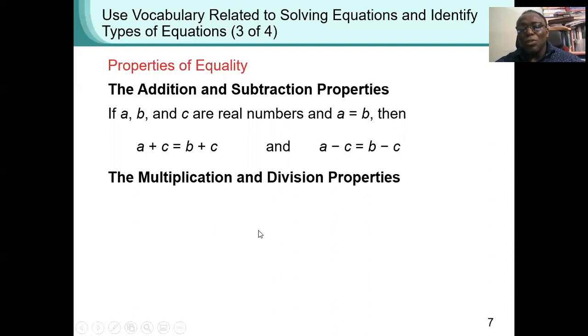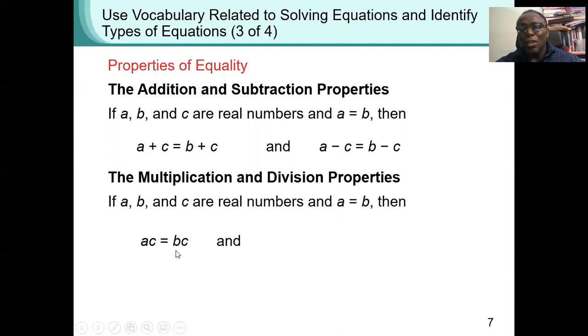Then we also have the multiplication and division properties. Now the same thing, we have a, b, and c. They are real numbers, and a equals b. The same concept: if I multiply c to a and I multiply the same c to b, then ac is equal to bc.